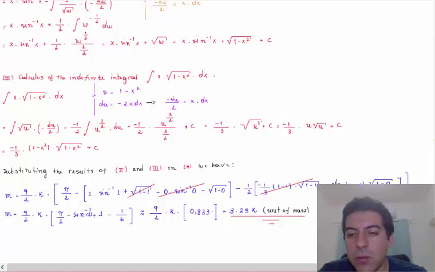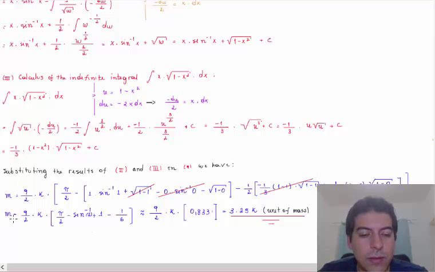So you have plus 1 over 3, 1 minus 0 squared, which is 1, times square root of 1 minus 0. So you just have 1 over 3 times 1 over 2. Once you have a minus sign right here, we have minus 1 over 6.